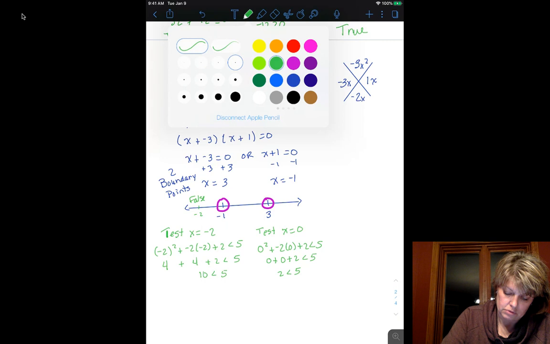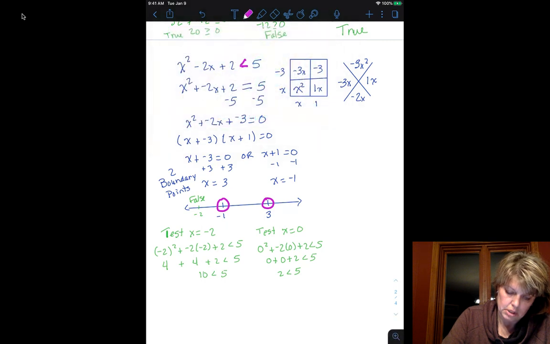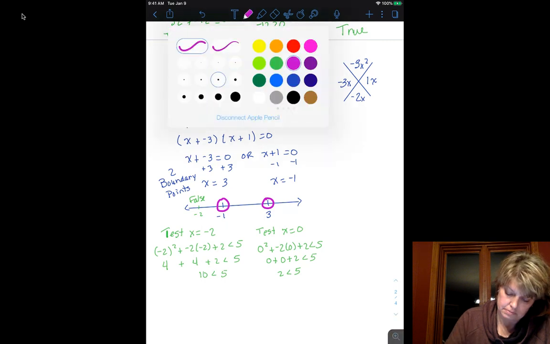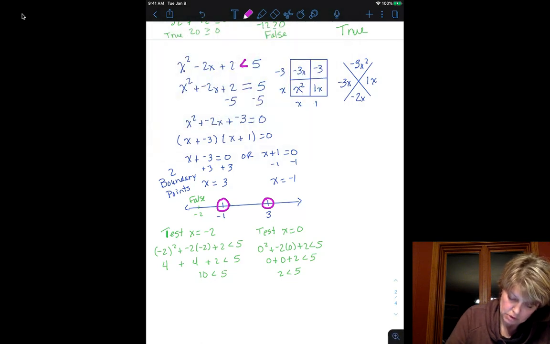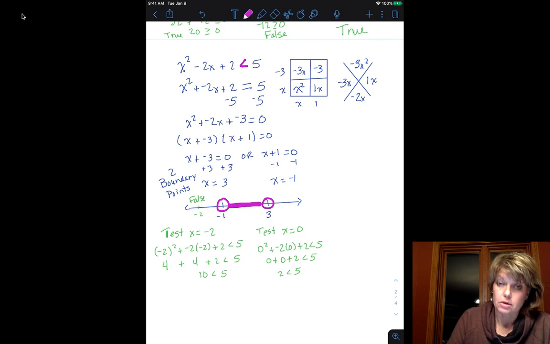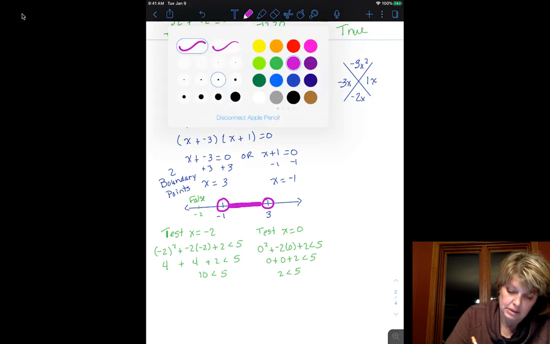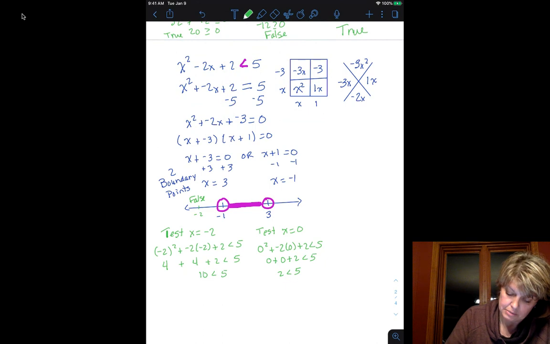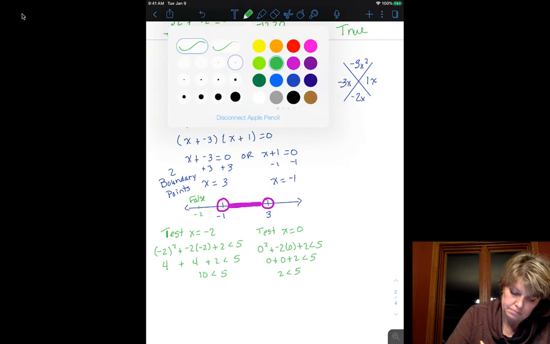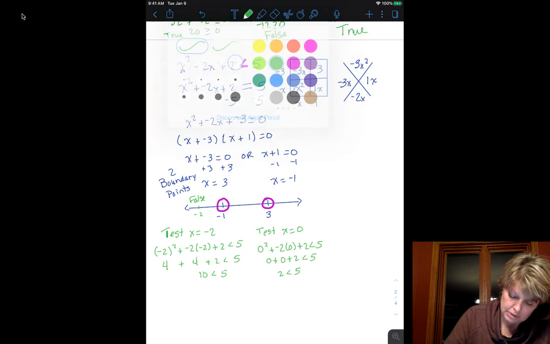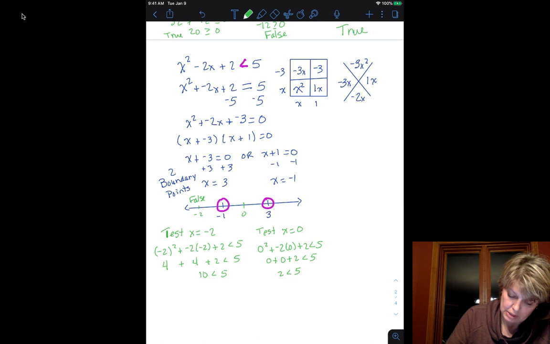So I should erase those first and then go to my purple and get the size that I want. So I am indeed going to shade, color in everything in the middle, because those did, in fact, make it true. Just to make it clear, I substituted 0 in. 0 is right there. I tested 0, and it made it true.